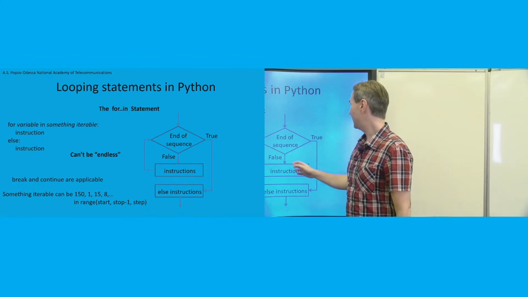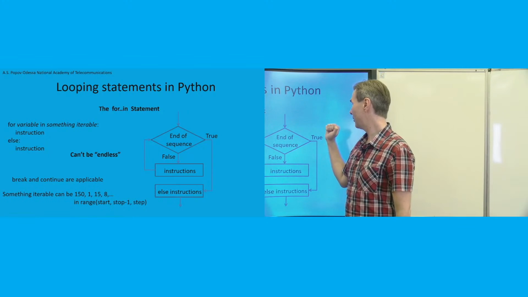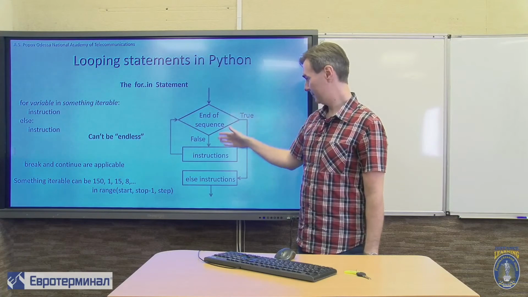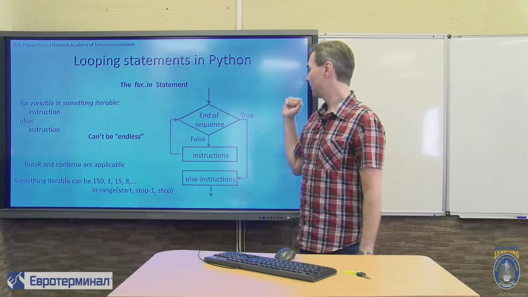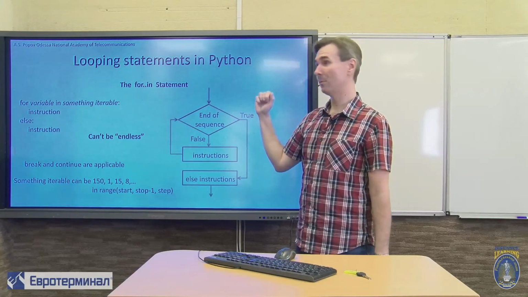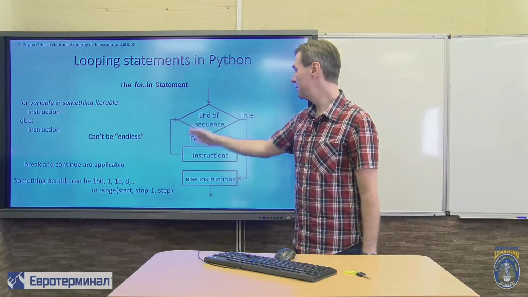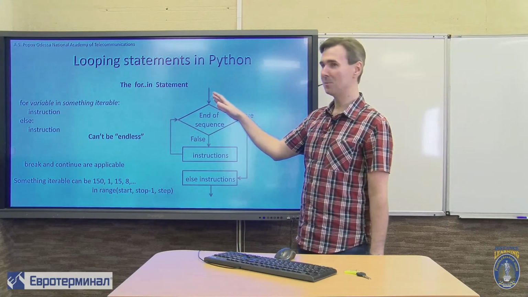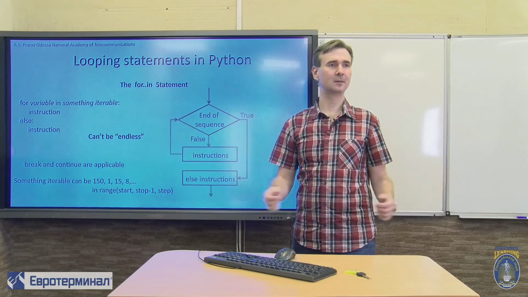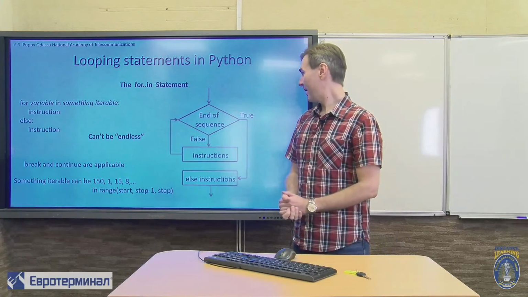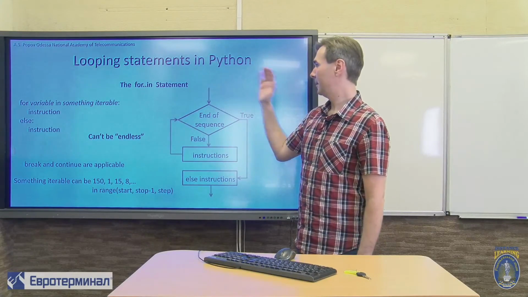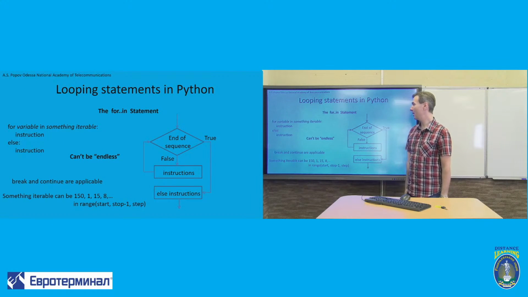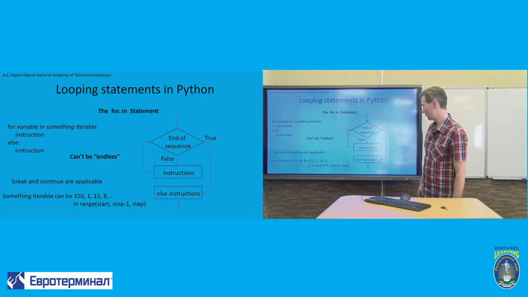So how does it work? The interpreter checks if there are some values that can be taken from the iterable object, then it goes to the instructions block and performs the instructions. When the iterable object is over, it cannot provide any more values, then our for statement is expected to go to the else block with corresponding instructions.